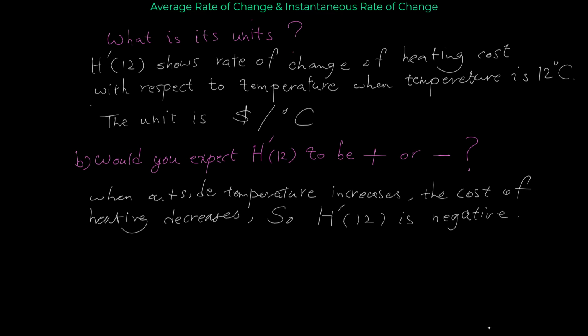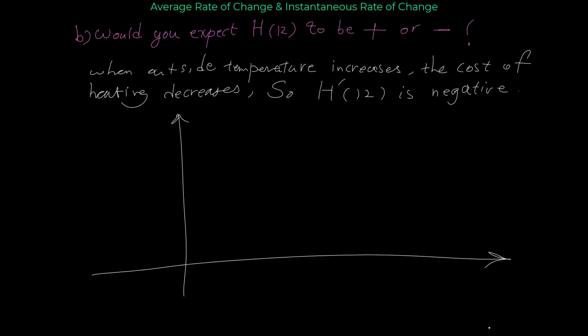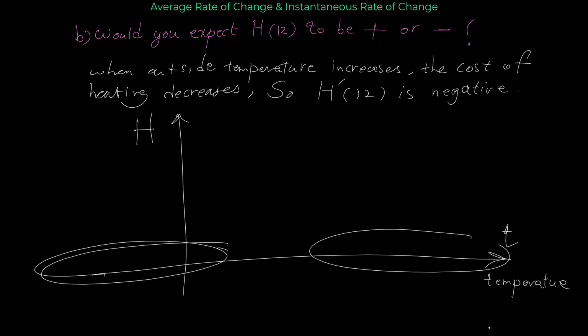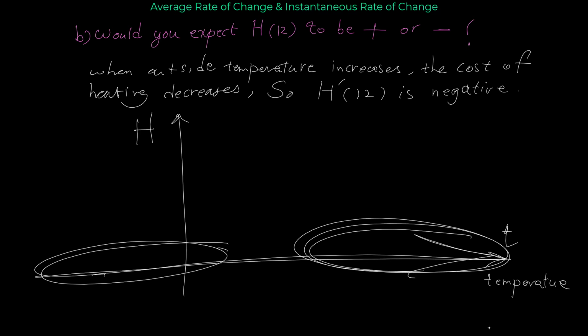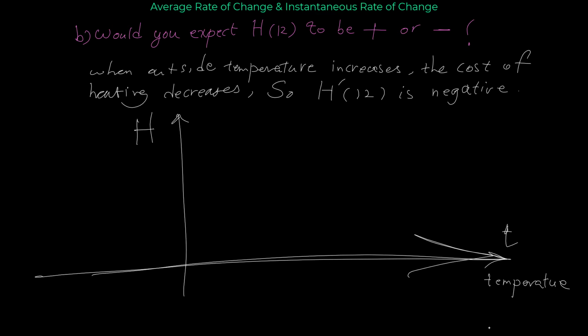Let me explain this in another way. Suppose the horizontal axis here shows the temperature, and here the y-axis shows heating cost. So this is heating and this is temperature or T, not time, temperature. Of course, here shows cold weather, here shows hot weather, the temperature increases in this way. What do you expect to be the graph of this function? Again, remember, h of t shows the cost.